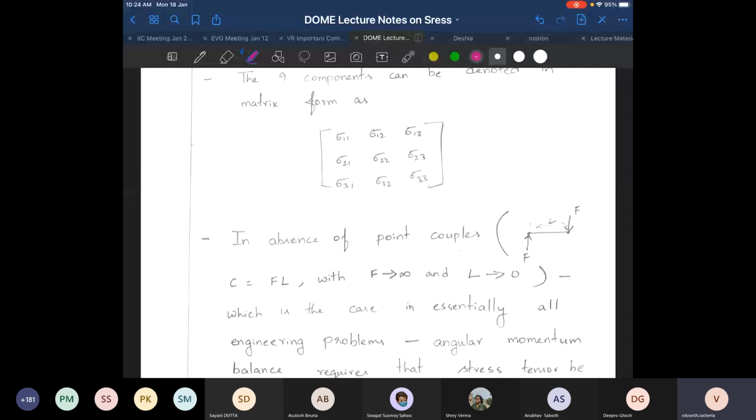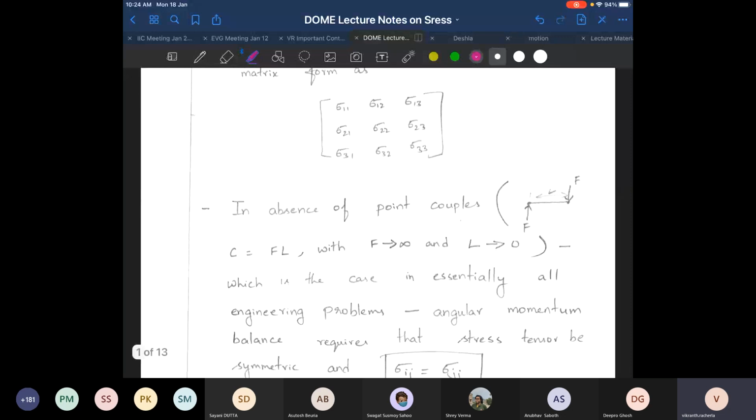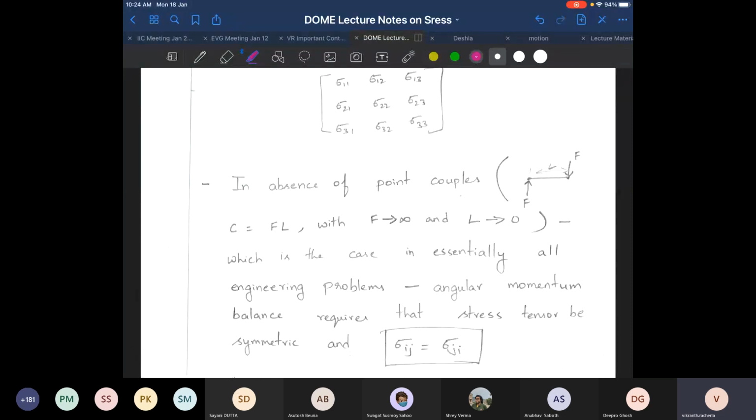you can prove that in the absence of point couples acting on the material. What is a couple? A couple is a two force system, where the two forces are equal and opposite but acting across a certain distance, and the couple is simply F multiplied by L. Now for a point couple, this capital L tends to 0.